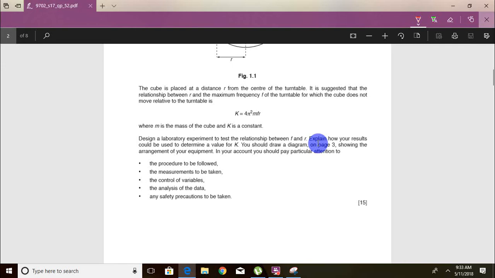The procedure to be followed. How are you going to change the frequency? Confusing. Well, we do have a motor, right? And what does a motor do? You know it from your series in electromagnetism.